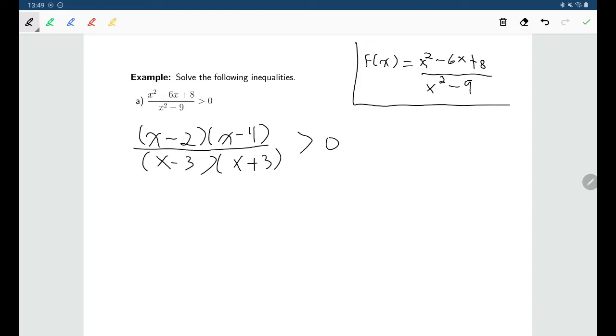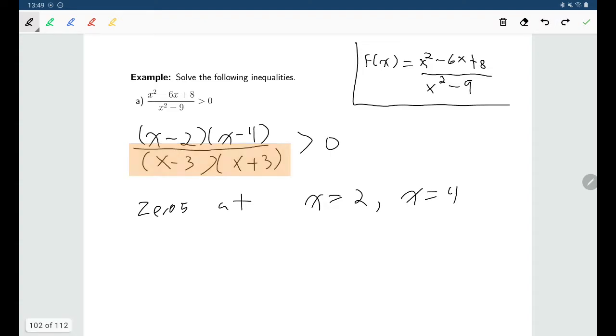And so you find that this rational function has zeros, or x-intercepts, at 2 and at 4. You can also see that there should be 2 vertical asymptotes for this rational function: x equals 3 and x equals -3.